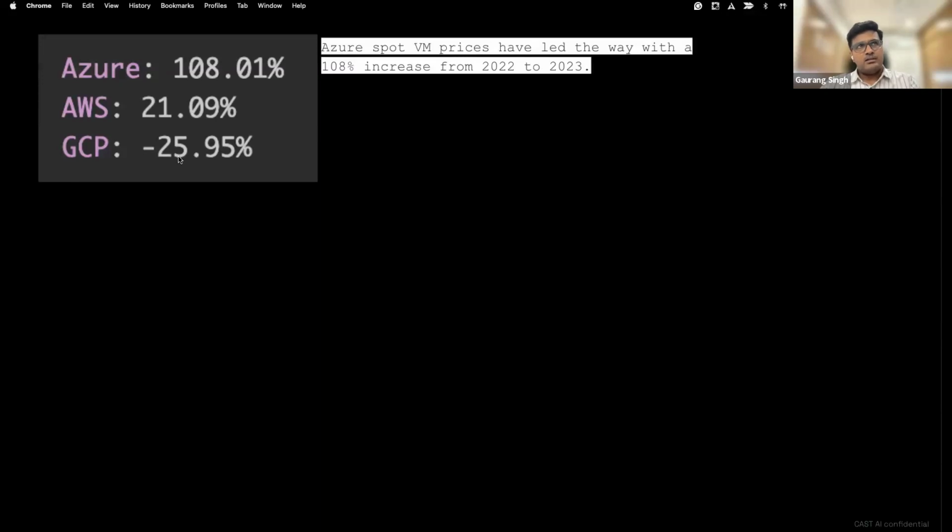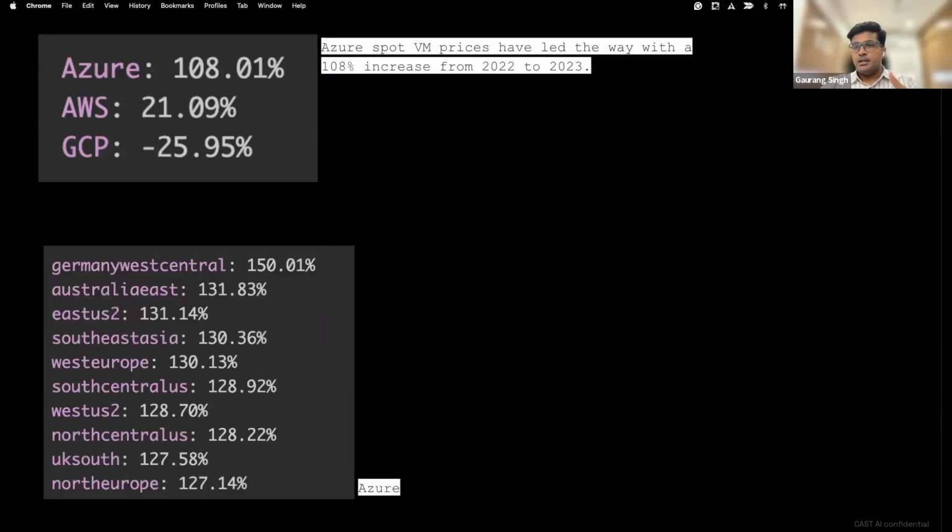GCP is an outlier, it decreased, but most likely it's almost the same. Then we started thinking, okay, is the region-wise data indicating something? So we started getting the data region-wise, and the pattern is almost the same. Every region has increased spot prices. Germany being the worst is a 150% spot price increase.